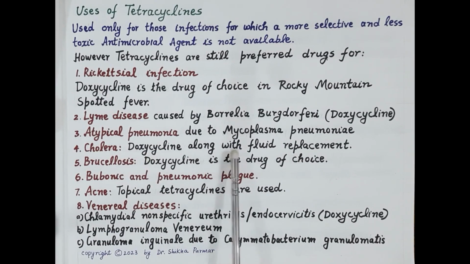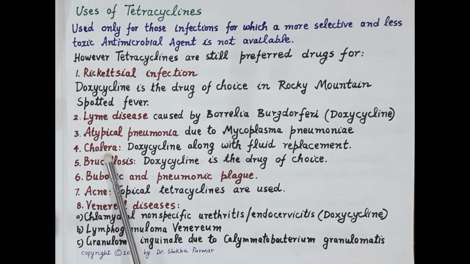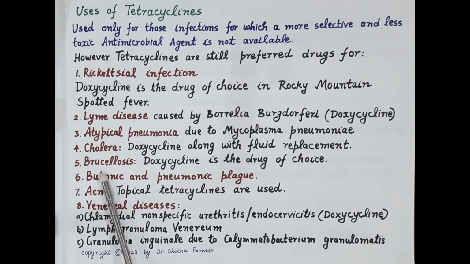Doxycycline along with the fluid replacement therapy is effective in the treatment of cholera caused by Vibrio cholerae. Then doxycycline is the drug of choice in the treatment of brucellosis. Then tetracyclines are highly effective in the treatment of bubonic and pneumonic plague.